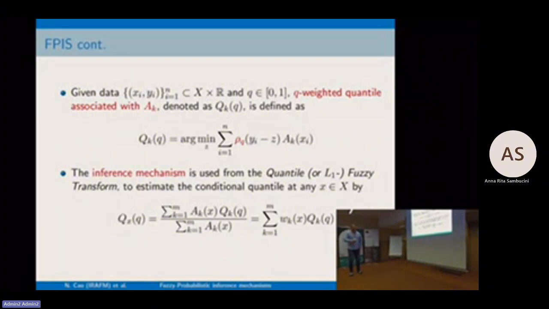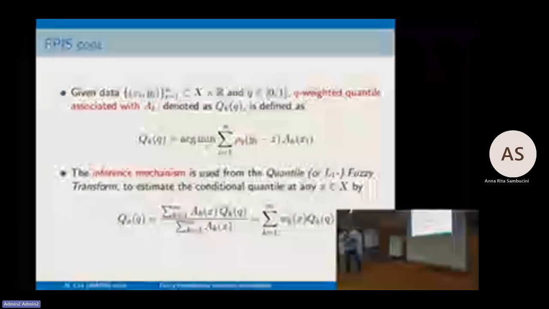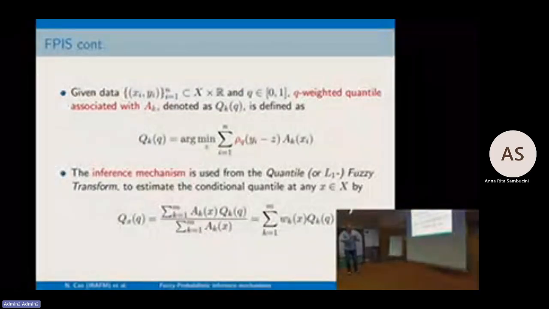And the weights, instead of the kernel, are now replaced by the weights from the fuzzy sets of the fuzzy partition. So for any k, which is related to some node, some central point of the basic function, we can determine in this way a distribution function or a probability function.